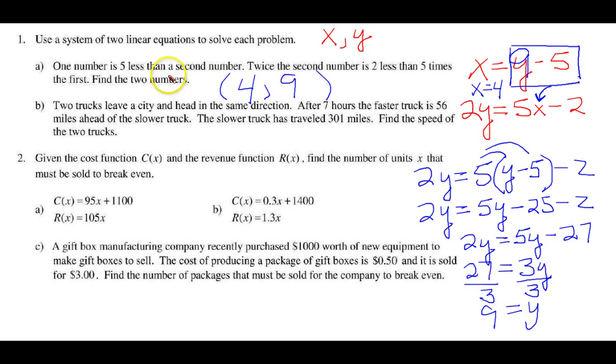So now we look at the question again and say, what do they want us to find? Well, they want us to find the two numbers. So the two numbers are 4 and 9. So not too bad. And we're using things from our toolkit to solve it.